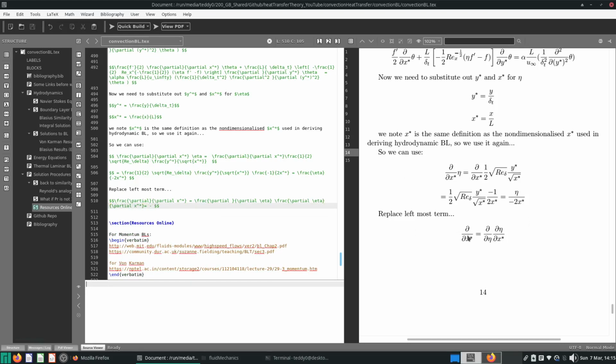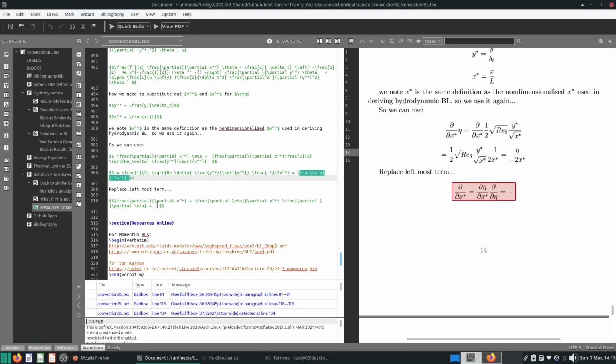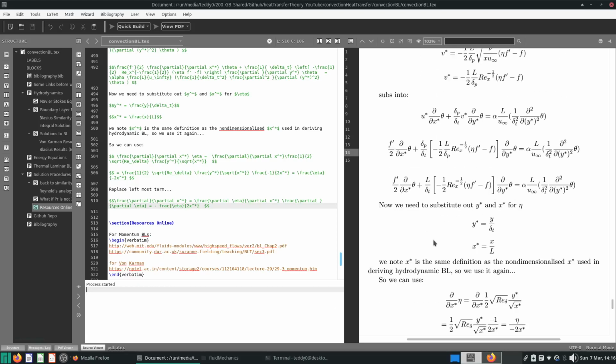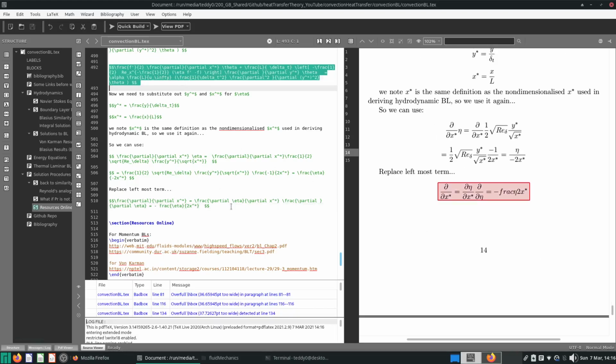Of course, we can bring out this del eta del x star. We are not differentiating that; we are actually just multiplying these two together, so to speak. We'll bring the minus sign out: minus 1 over 2x star, eta. So we can change the leftmost term here to include our similarity variable.